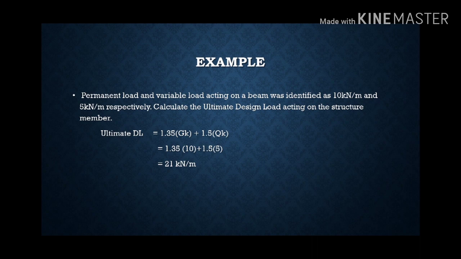We calculate the ultimate design load by multiplying the loads with the safety factors. So the design load is equivalent to 1.35 multiplied by GK plus 1.5 multiplied by QK. Since the GK value is 10 and the QK value is 5, after we multiply and add the values, we get the ultimate design load as 21 kN per meter.